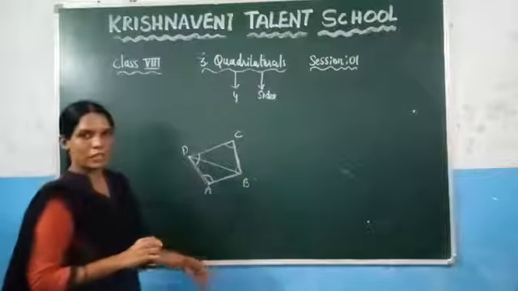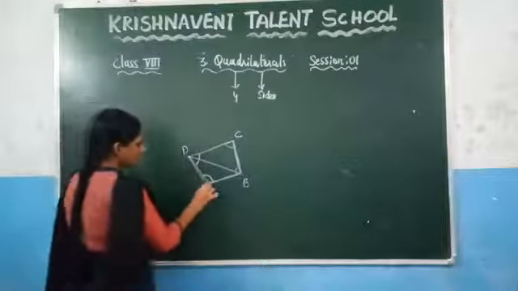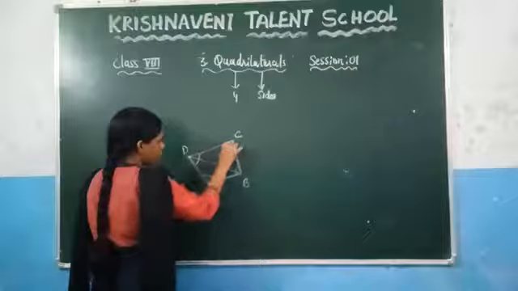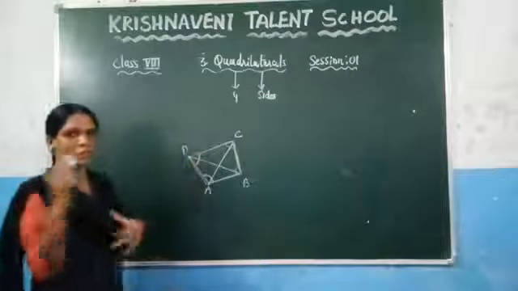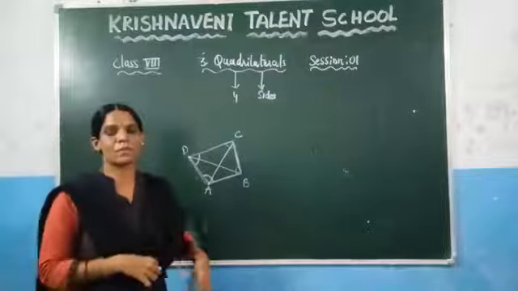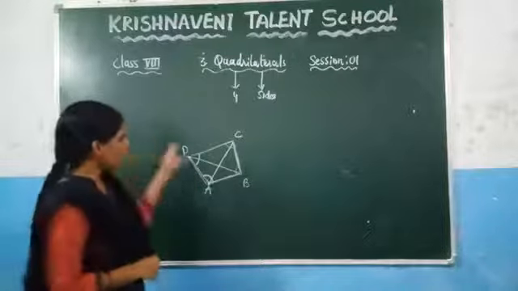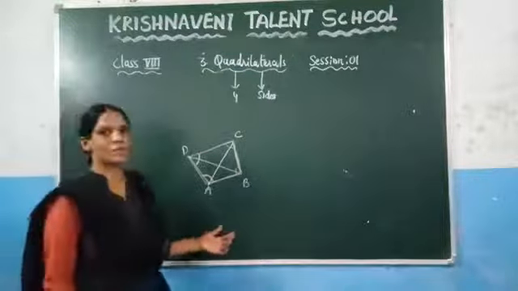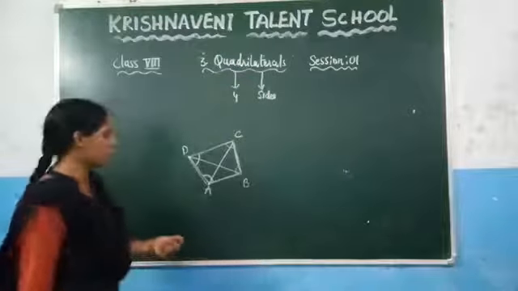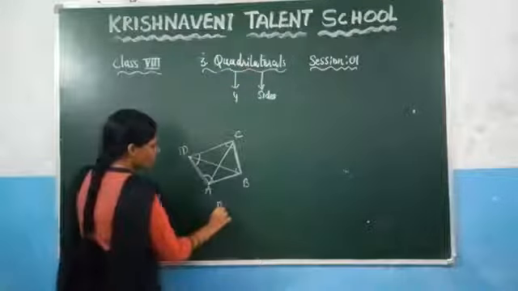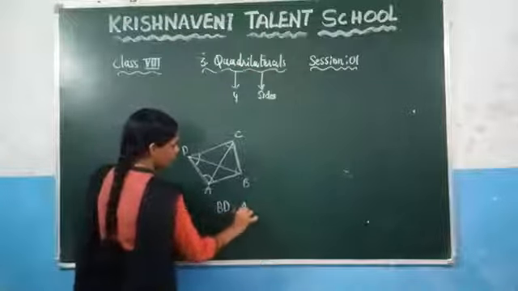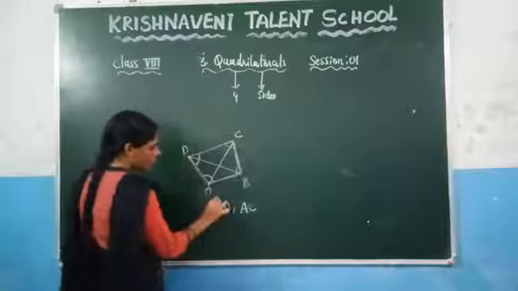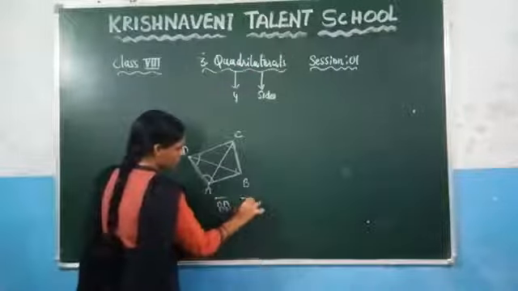So this will be one diagonal, and similarly join the other opposite vertices. Here you will get one more diagonal. So what is meant by the diagonal? The line segment that is formed by joining the opposite vertices, we call a diagonal. So how many diagonals will be there in a quadrilateral? There are 2 diagonals. What are those? BD and AC. These are line segments, represented like this.